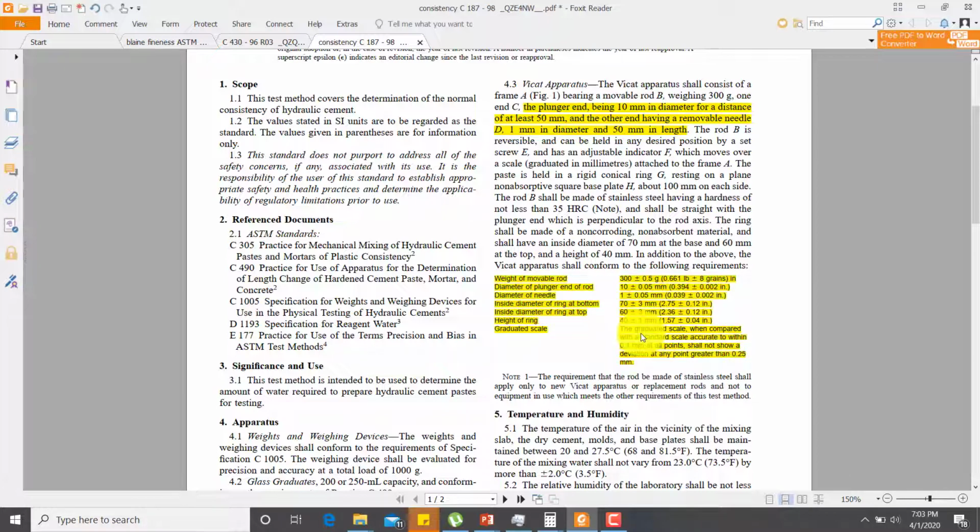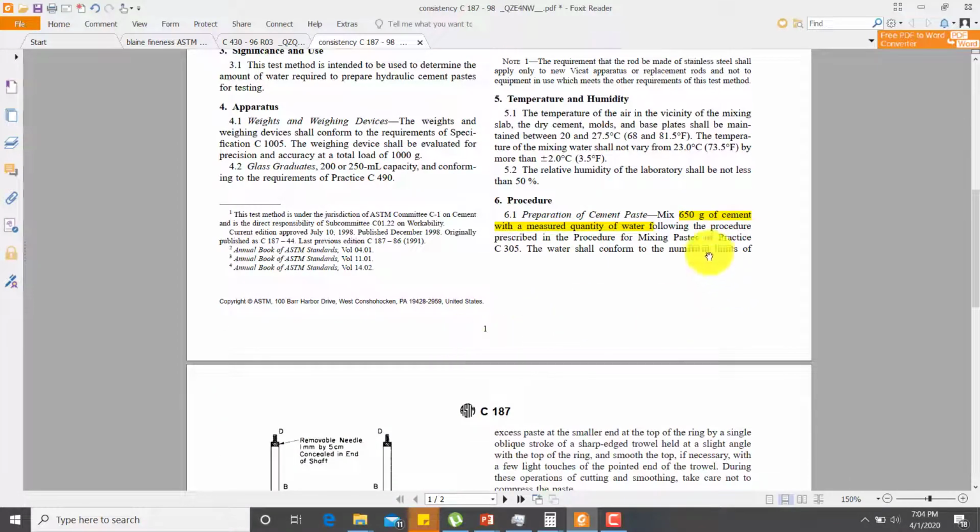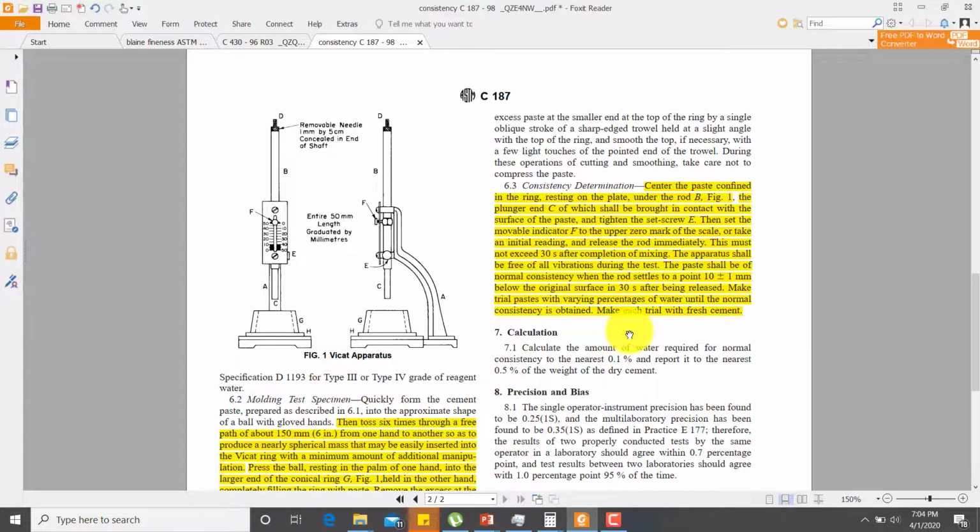Among all these specifications, the inner and outer diameters of the ring in which you place the specimen are 70 and 60 millimeters respectively, and you take 650 grams of cement according to ASTM C187.